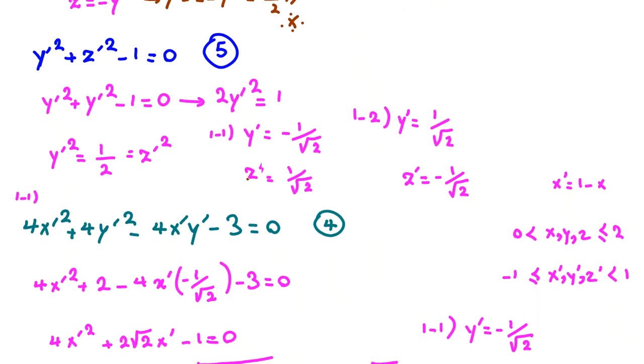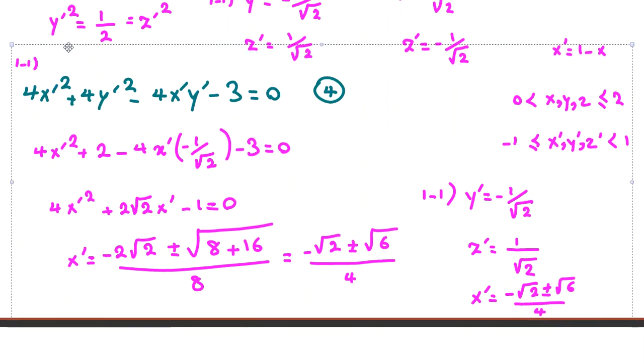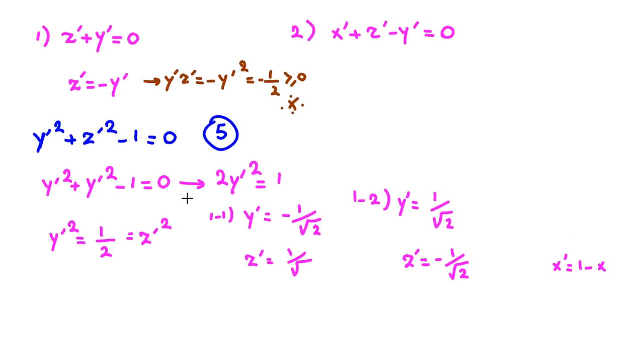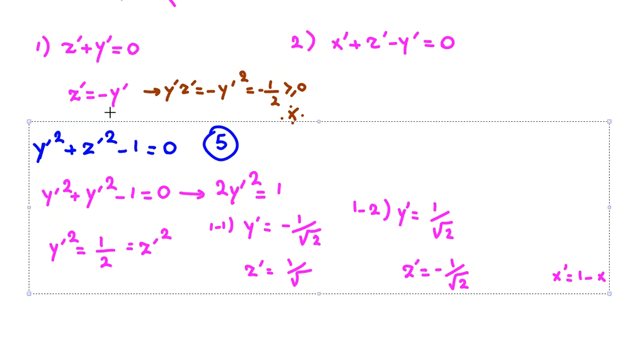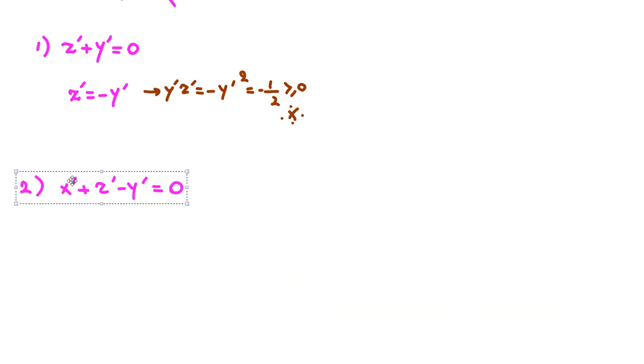So here we don't need to check these cases. So let me erase case 1 and all these things. And so we've calculated this. Let's erase this part. So we need to only check case 2.